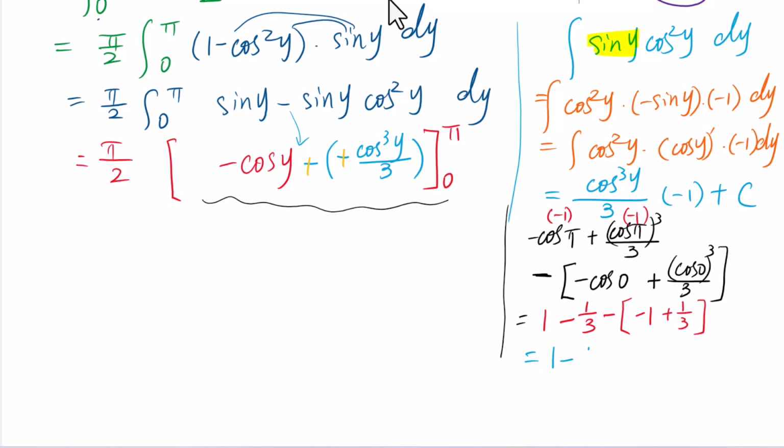Simplify: 1 minus 1 over 3 plus 1 minus 1 over 3. So we get 2 minus 2 over 3 equals 4 over 3. That equals pi over 2 times 4 over 3, which equals 2 pi over 3.